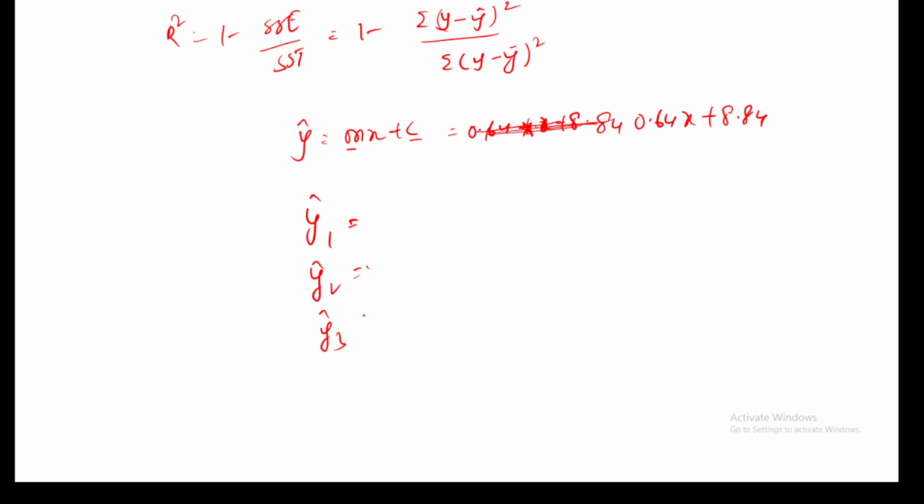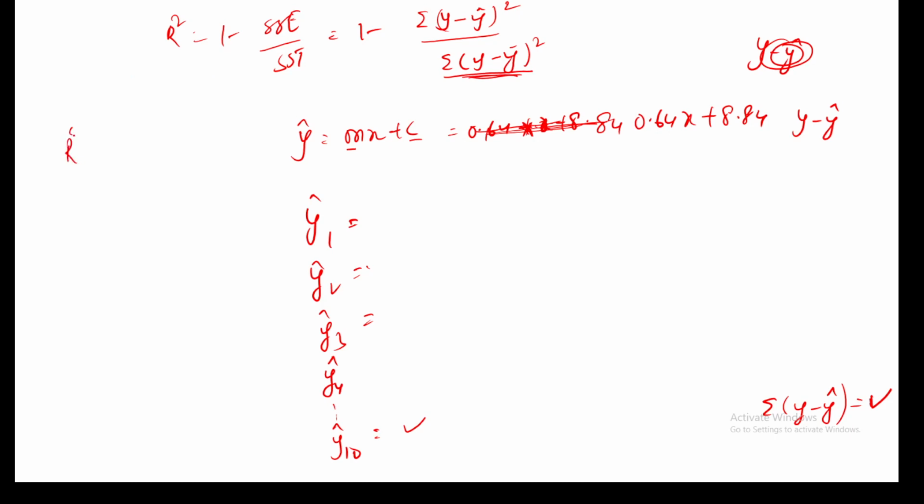So for each value of x we will get one y cap, y1 to y10. Then we have to calculate y minus y cap, one more column, then the summation of y minus y cap whole square. This value we have to calculate, and this value we already know. So we put it in the r square formula and we'll get the answer.